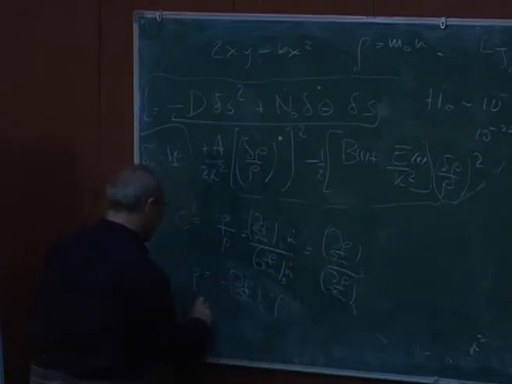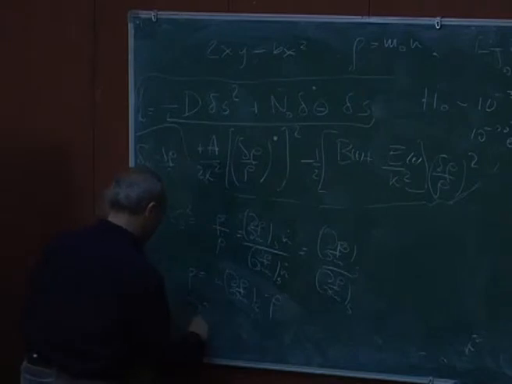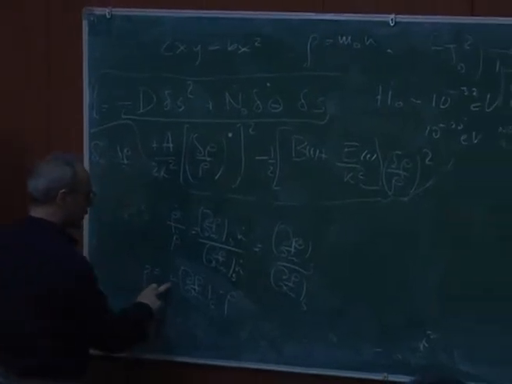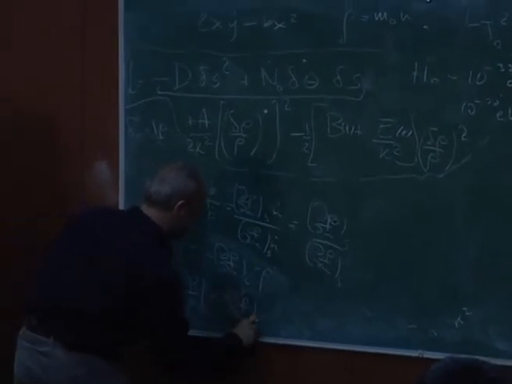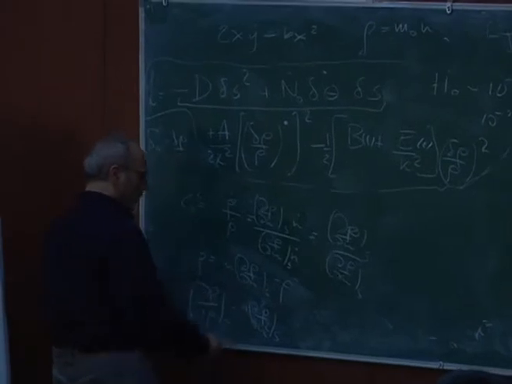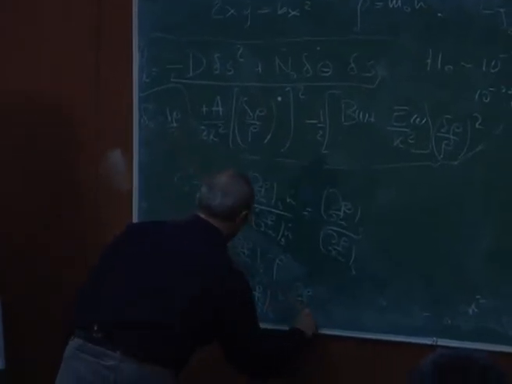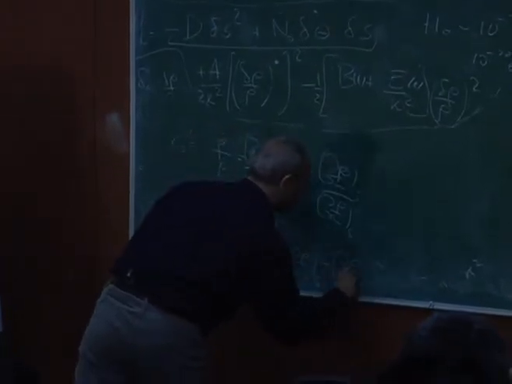So if I do dP over d rho at constant n, we'll get n d squared rho over dn squared at constant s plus d rho over dn at constant s minus d rho over dn at constant s.